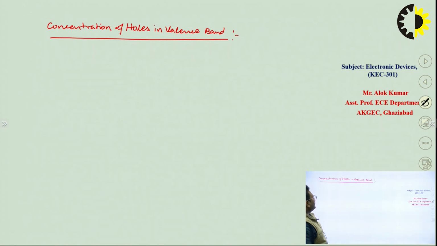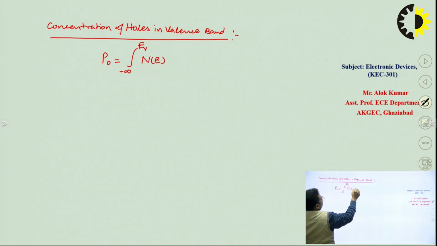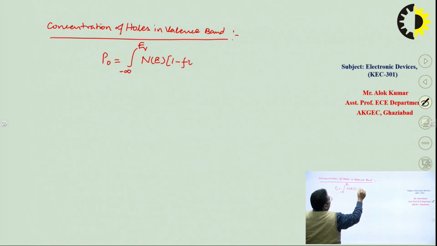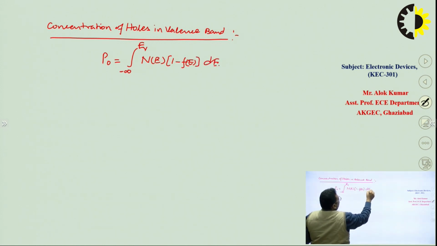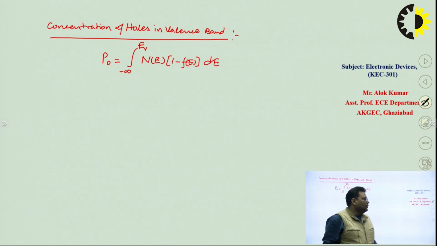So to find the concentration of holes, we can write P naught is equal to integration from minus infinity to EV of NE and (1 minus FE) with respect to dE, right. So this will be the formula to calculate the concentration of holes.